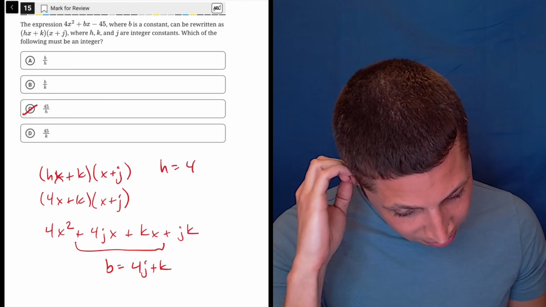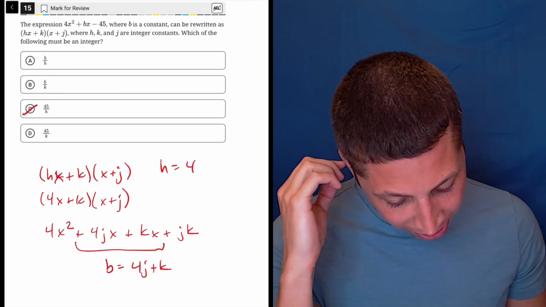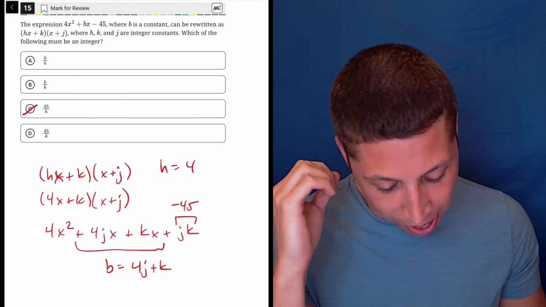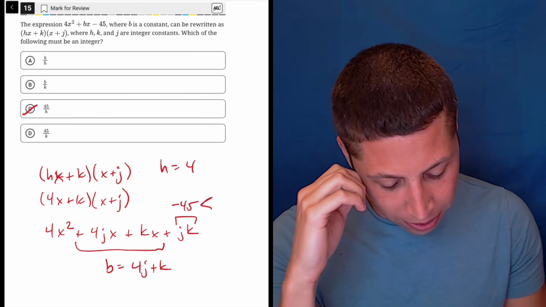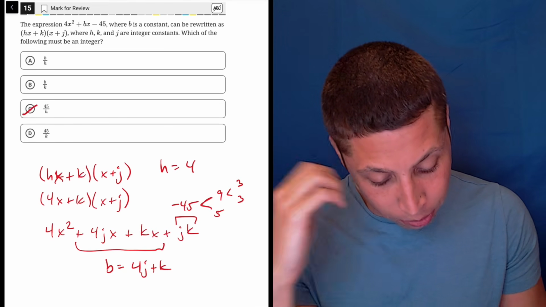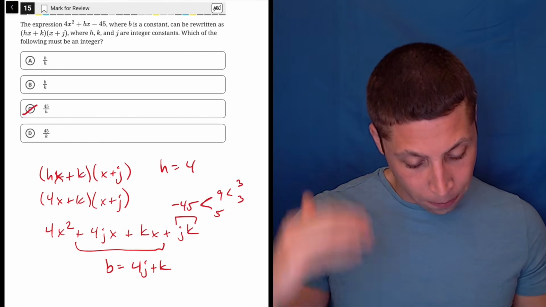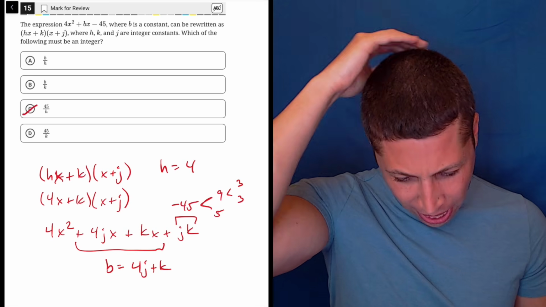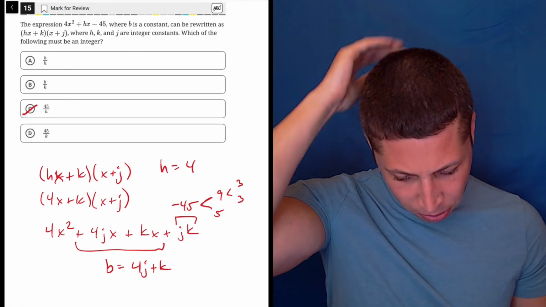Because j times k together has to be negative 45. So the factors of negative 45, we got 9 and 5 and 3 and 3. So there's no 4 in there. So b over h, maybe you can divide that.